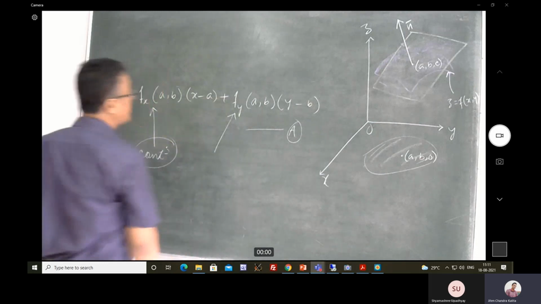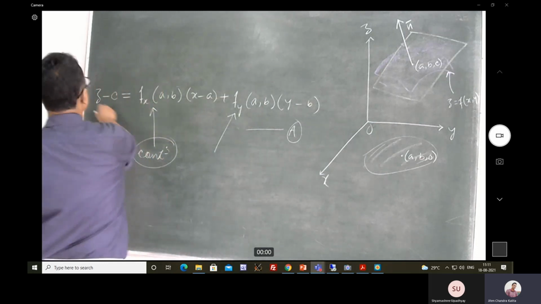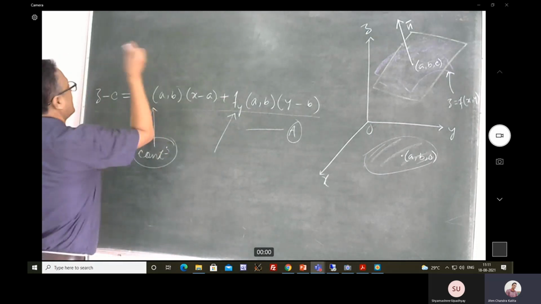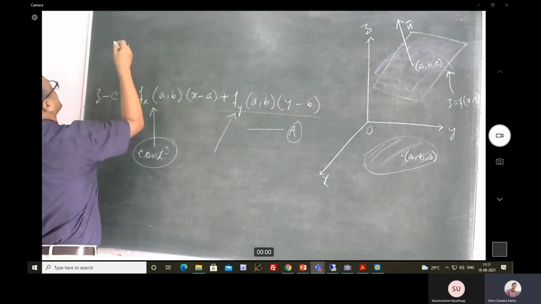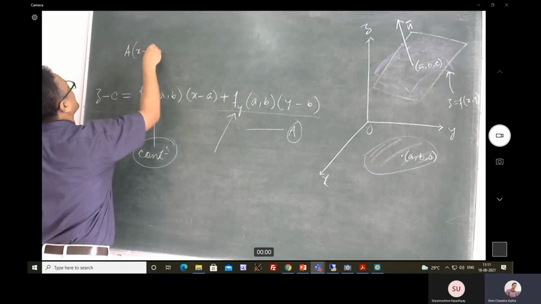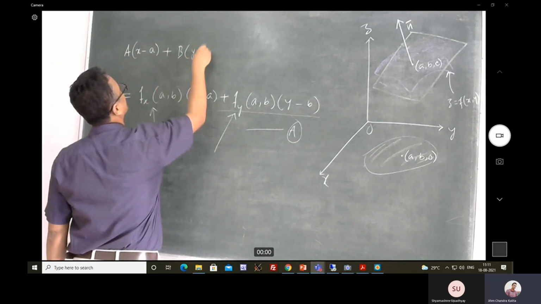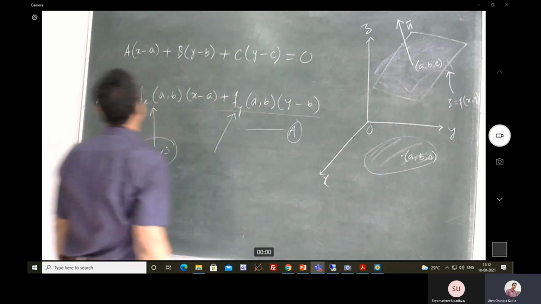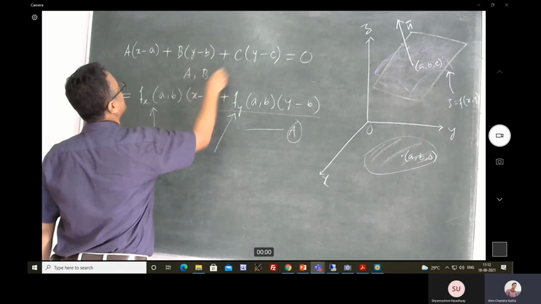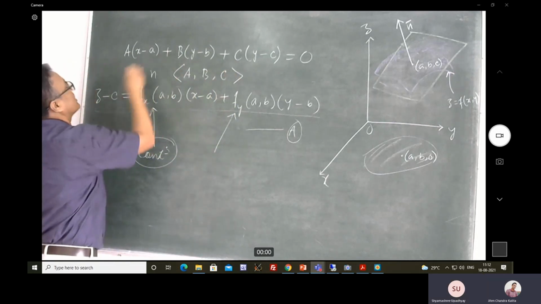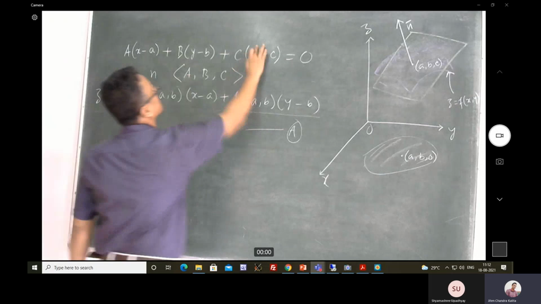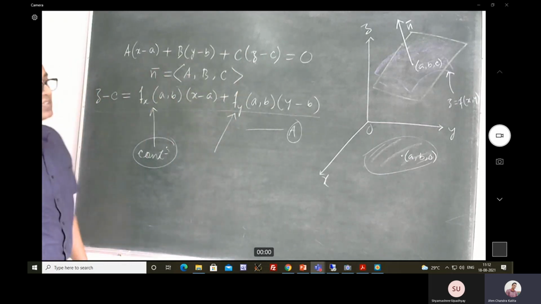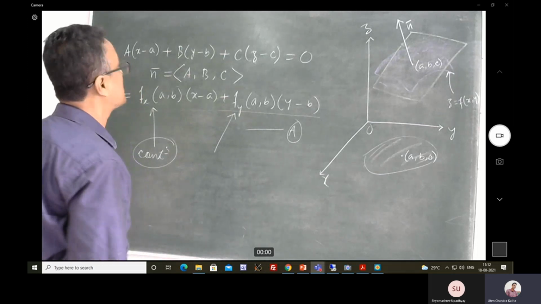We have already seen, while comparing this equation with an equation like capital A times (x minus a) plus B times (y minus b) plus C times (z minus c) equal to 0, that capital A, B, C are the components of the normal.